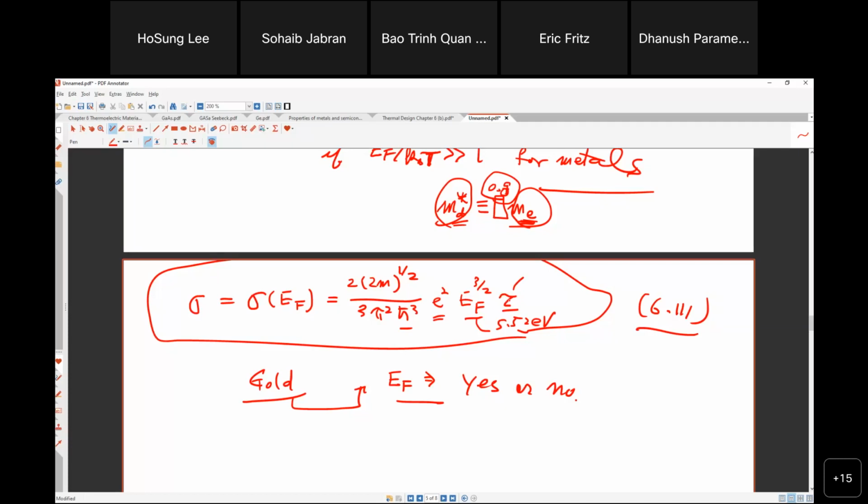So if we have the relaxation time, we can compute the electrical conductivity. If we have the electrical conductivity, we can compute the relaxation time, assuming for metals.